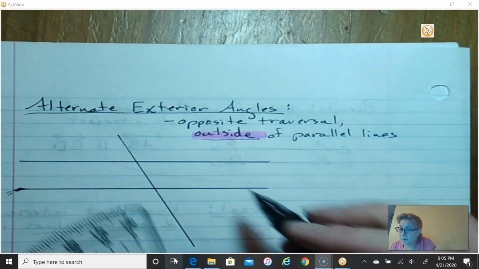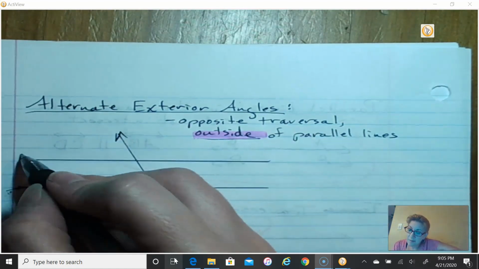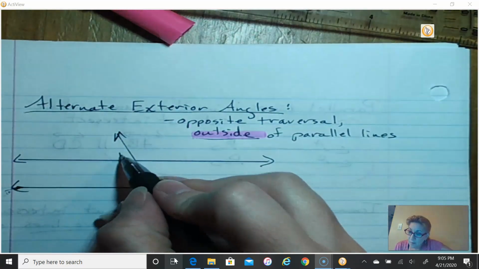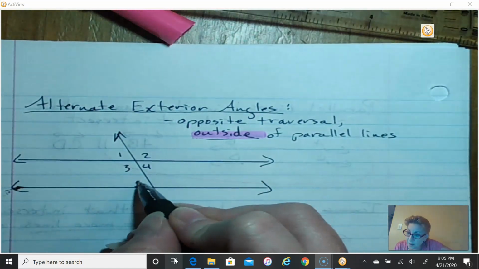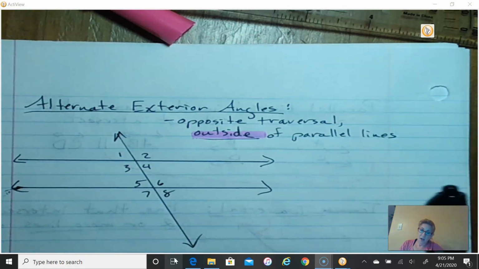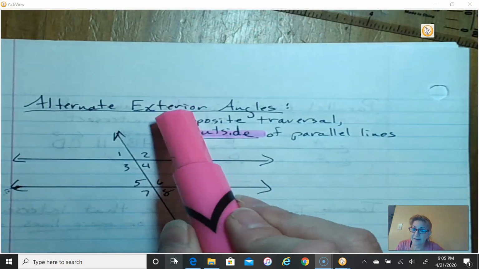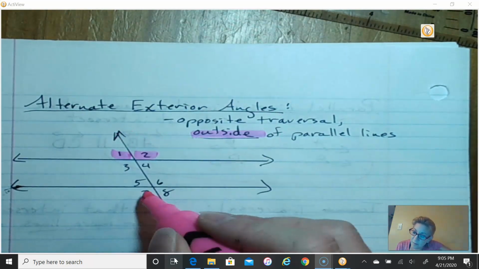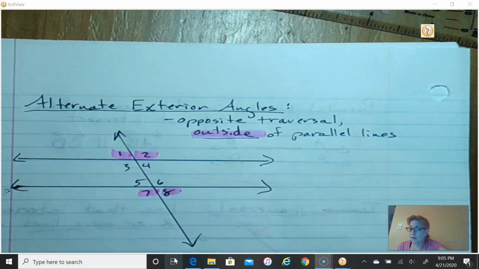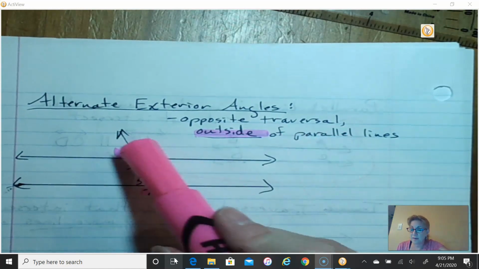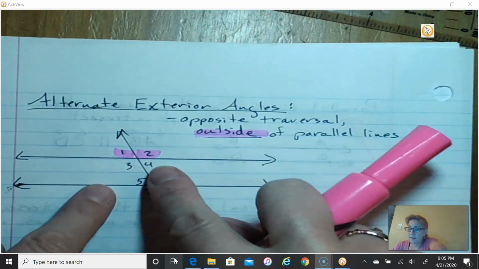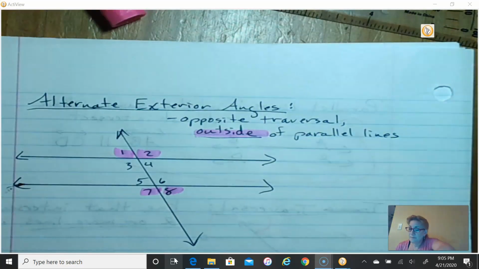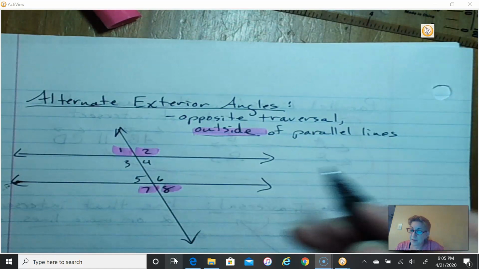So I'm going to have to go this way. 1, 2, 3, 4, 5, 6, 7, 8. Okay, your alternate exterior angles, that's going to be your 1, 2, 7, 8, because they're outside of the parallel lines. So here are my parallel lines, and they are on the outside. See, they're on the outside of the parallel.